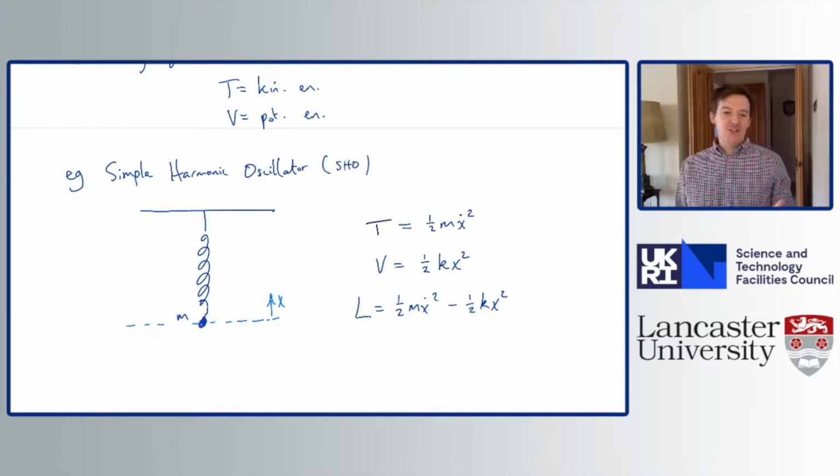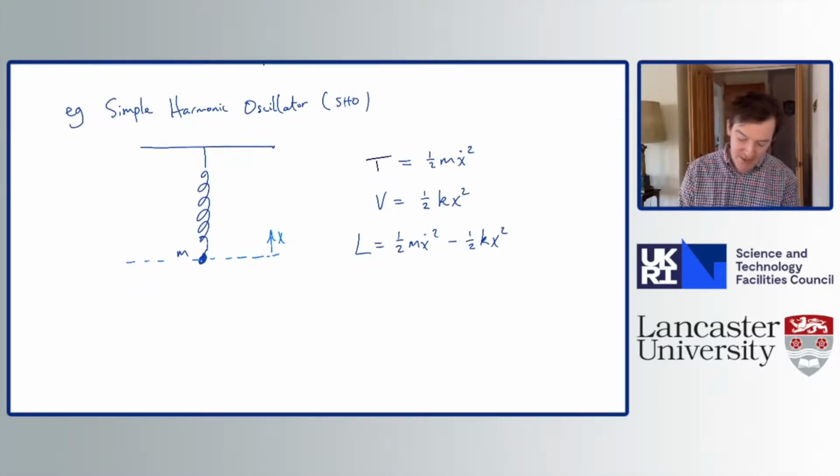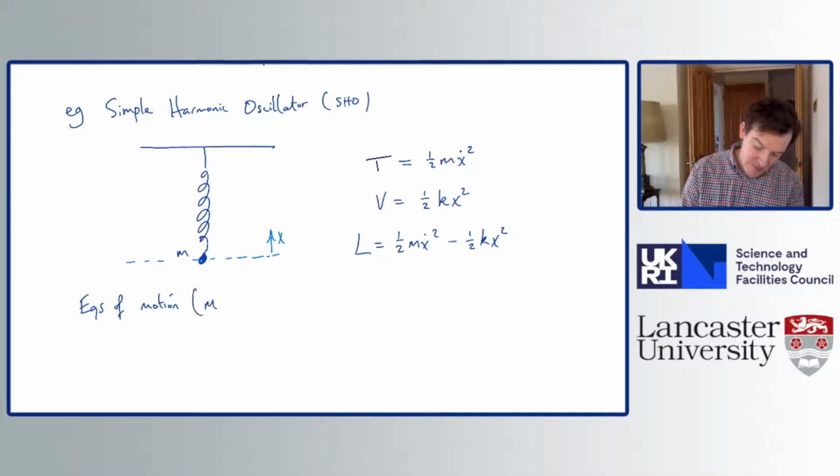Well, the nice thing about the Lagrangian is that once we have it for the system, we can work out what the equations of motion are for that particular system. I'll write EOM for equations of motion.